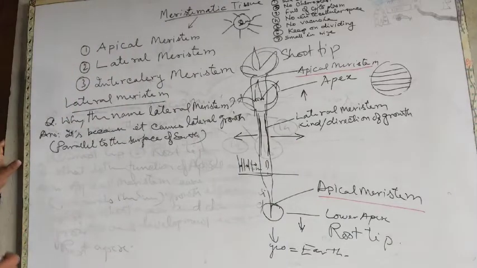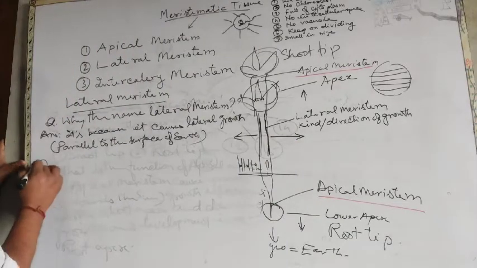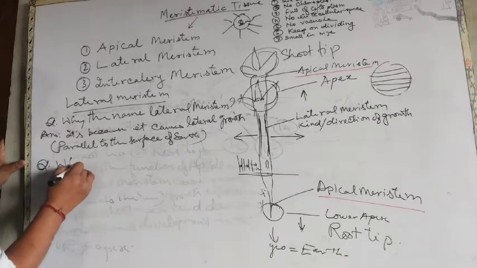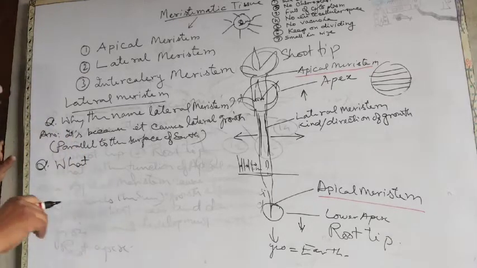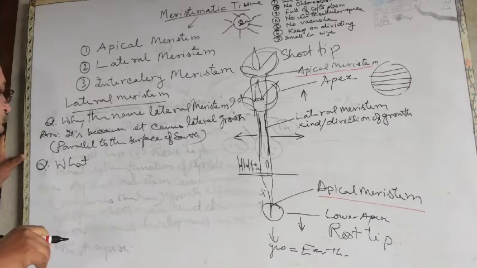Second question, what is the function? The second kind of meristematic tissue's name is based on the kind of functions it carries out.